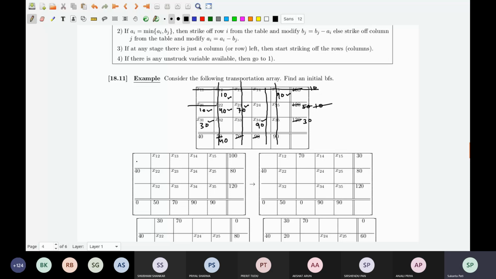Now if it gets saturated by its column, then you proceed in the row. So starting from north, you go towards east. Basically, from the available set of variables, you always prefer the northwest. So maybe you select something like this.